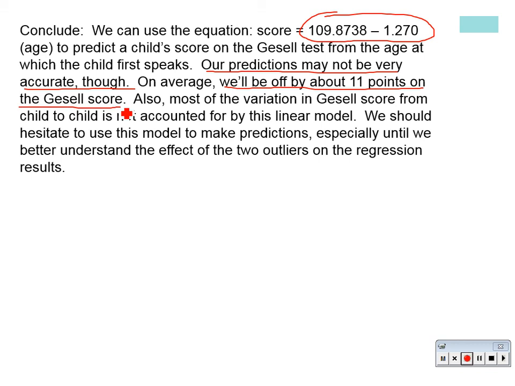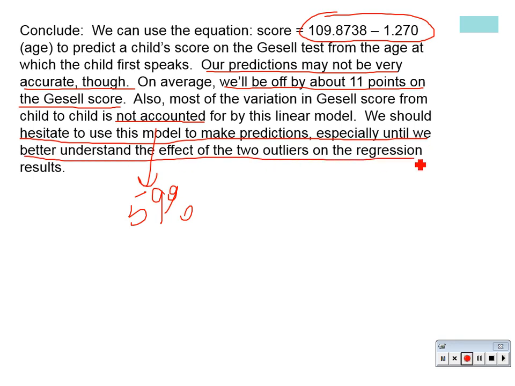And also, most of the variation is not accounted for. 59% was not accounted for by this linear model. So we should hesitate to use this model to make predictions, especially until we better understand the effect of the two outliers, child 18 and child 19, on the regression results.